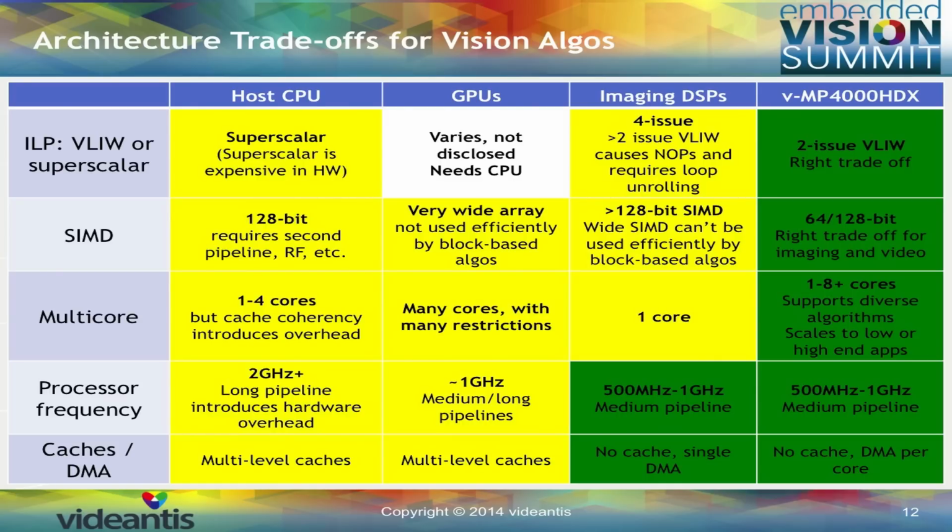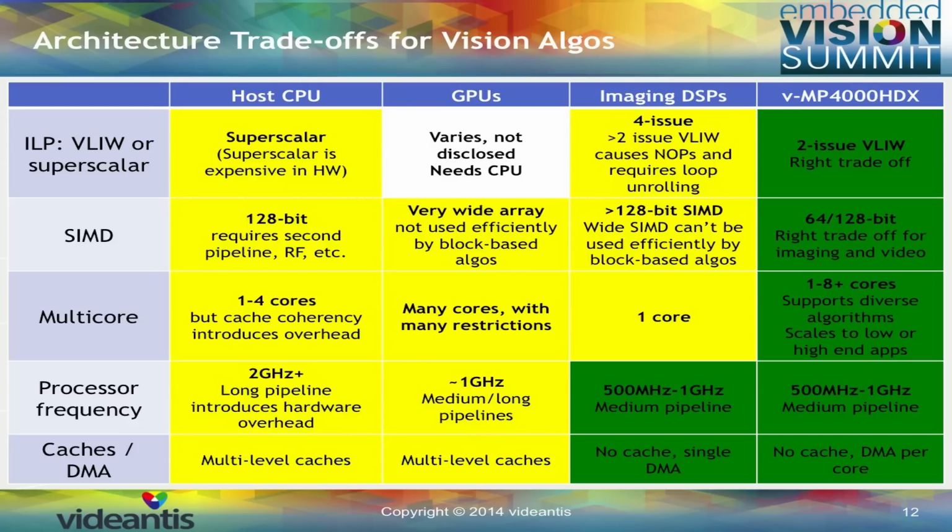On the processor frequency, medium pipelines, so not very long pipelines, make sense. Of course, a host processor often has a very long pipeline, but that introduces quite a bit of overhead for these imaging algorithms. And also caches. Caches are nice and make it easy for the programmer, but it means the hardware needs to decide where to move data, and the hardware doesn't have any knowledge about the algorithm, so it's better to not use caches.